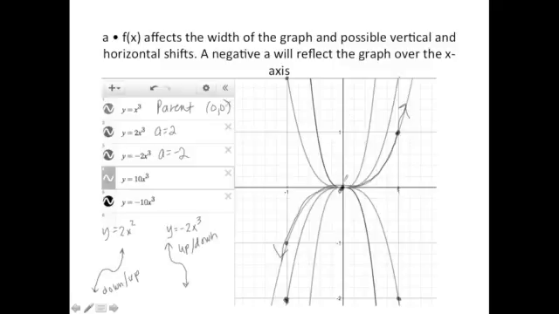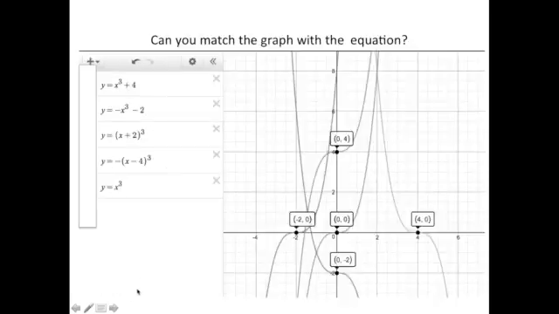Okay. And then of course the black graph is just the reflection in the opposite direction. So the orange graph has an end behavior of down, up, and the black graph has an end behavior of up, down. Okay, next slide.